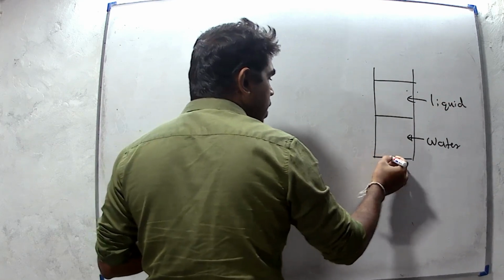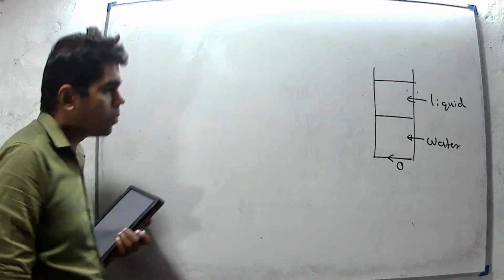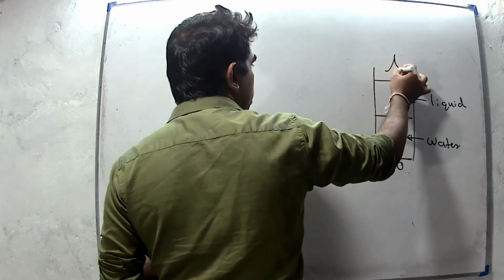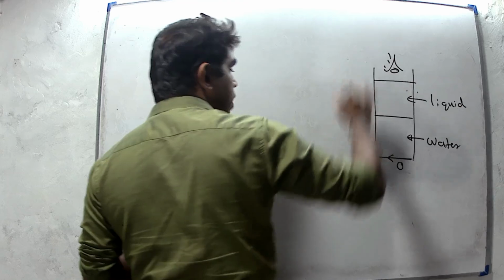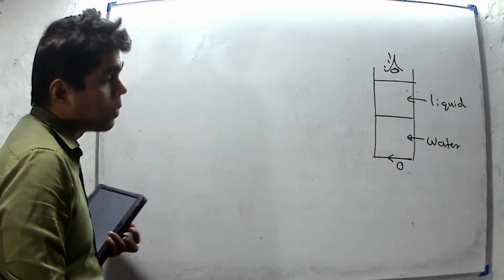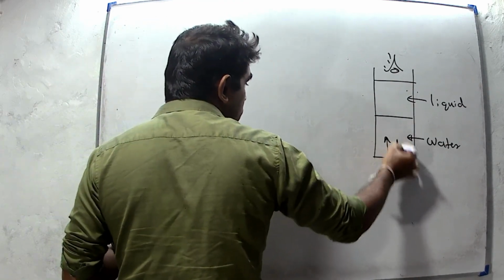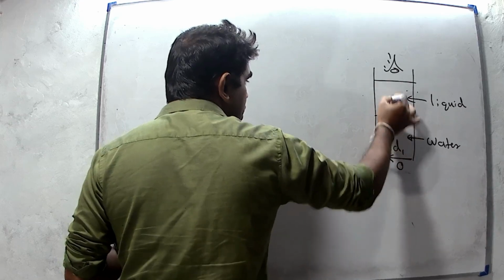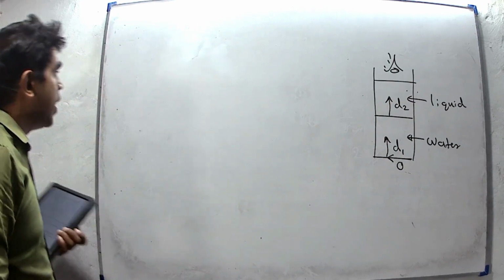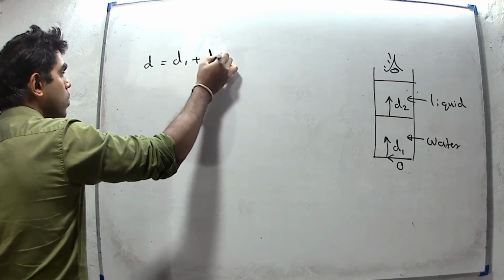Now original pin is at this place, object pin. Now when we see the object from this place, there are two apparent displacements. We can consider apparent displacement from water is D1, apparent displacement of liquid is D2. Then total apparent displacement means D1 plus D2.